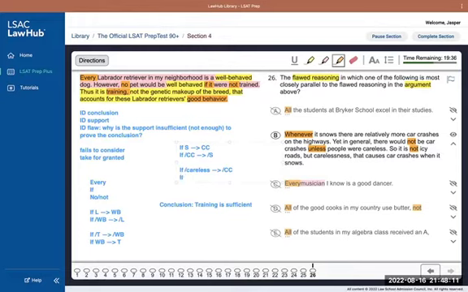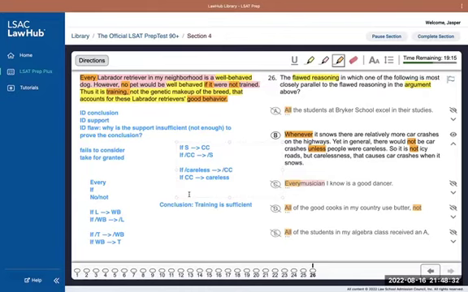So here, that's the same thing with car crashes, right? Having car crashes is sufficient to get us to a conclusion, right? They're saying carelessness is a necessary component of car crashes.